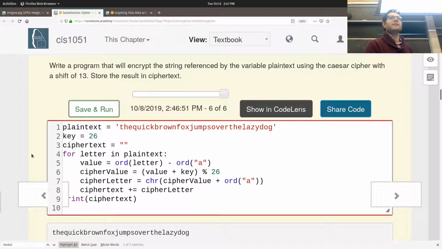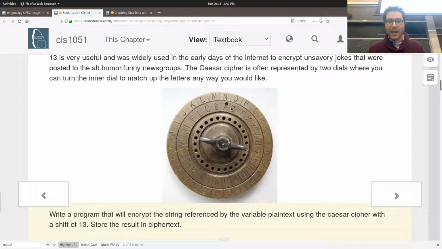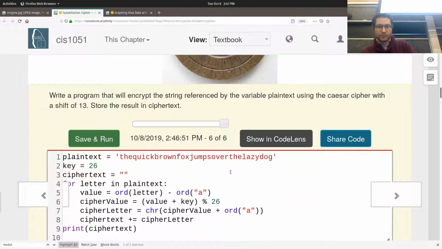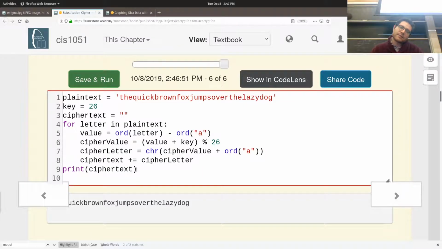The letter 26 after A is A, right? If we view it like a clock, you count off your letters: A, B, C, D, so go around, hit Z again, bam, we're back to A. Okay? So 26 does nothing.